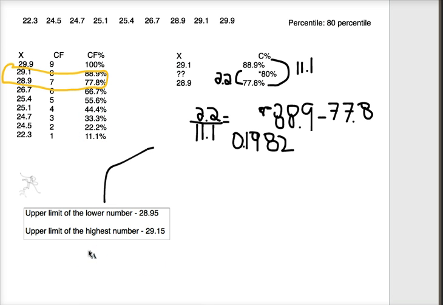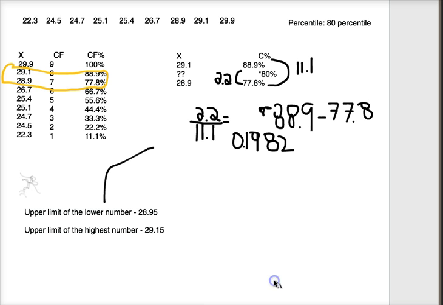And now that we have that, combined with our other numbers, we can calculate the percentile. So we're going to take the upper limit of the lower number, which is the 28.95, and we are going to add to that the ratio that we got of the distance between those two intervals and the interval that we're looking for, which is the 0.1982.